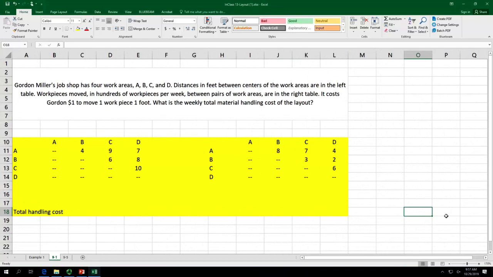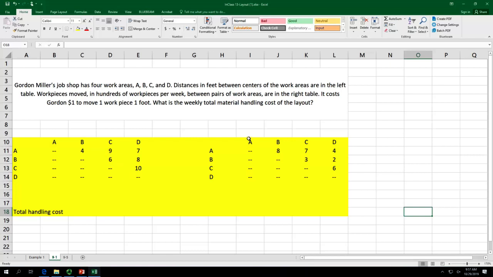A job shop has 4 work areas, A, B, C, D. The distance in feet between centers of the work areas is in the left table. This is showing their relative distance from A to B, from A to C, from A to D, and so on and so forth.